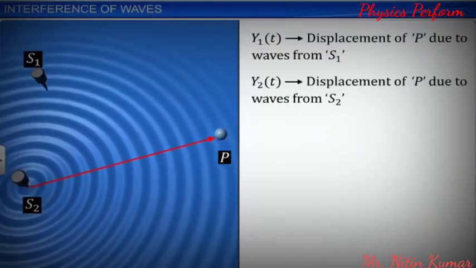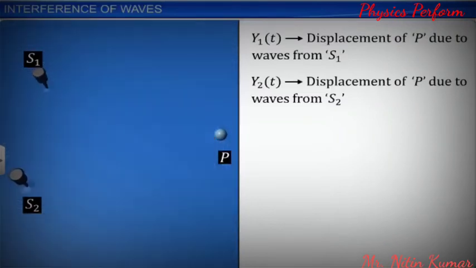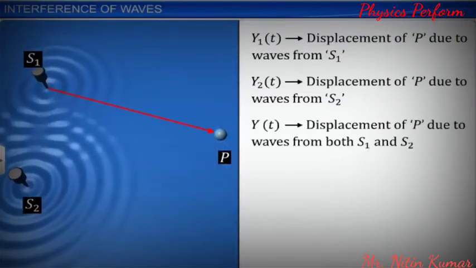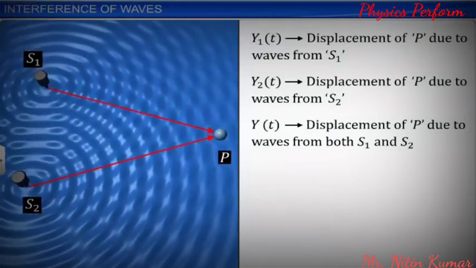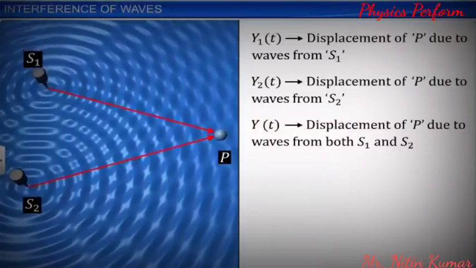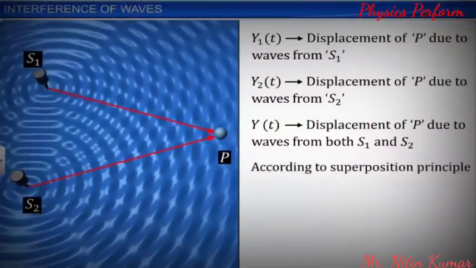If waves from both S1 and S2 reach the point P simultaneously, the resultant displacement y(t) is given by the superposition principle as y(t) = y1(t) + y2(t).